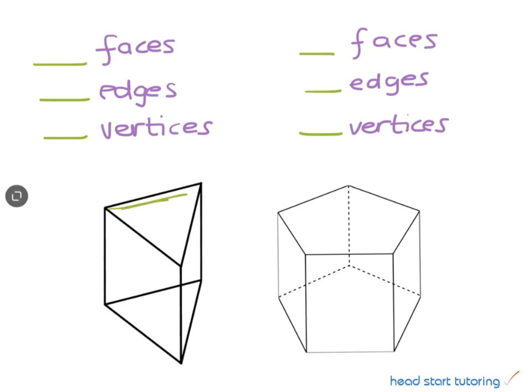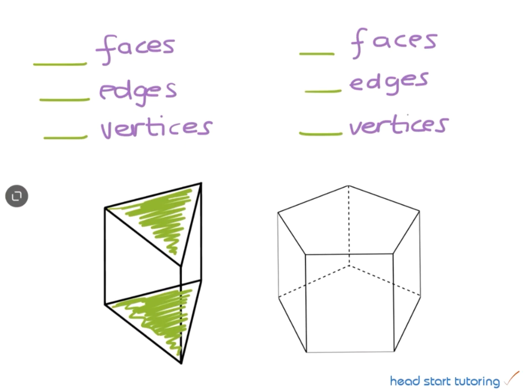Our bases would be these two triangles over here. Because those two triangles are parallel and congruent to each other, and if you were to cut your triangular prism anywhere in between those two bases, you will get a cross section that is exactly the same as those two bases.